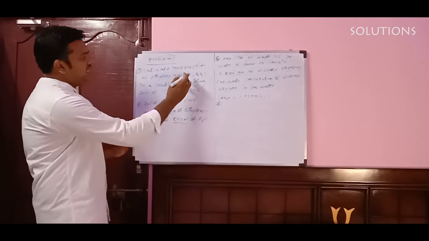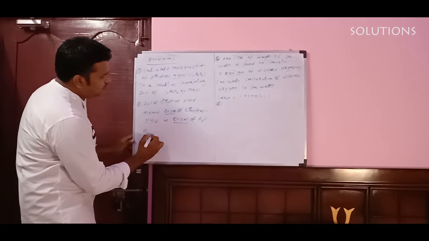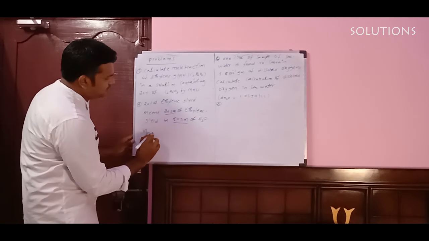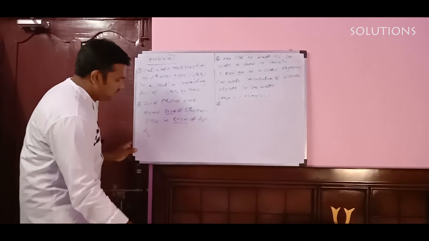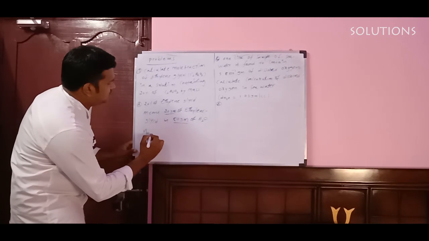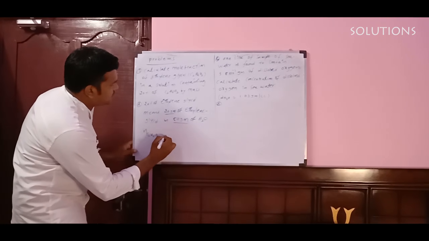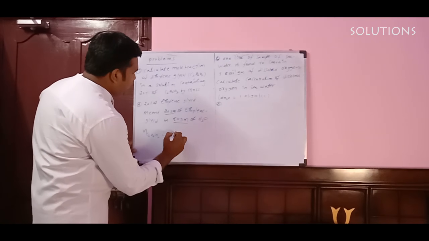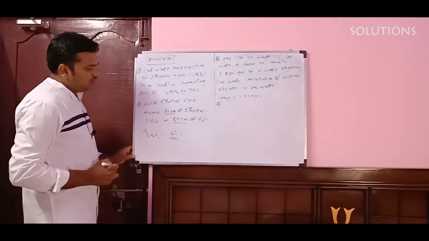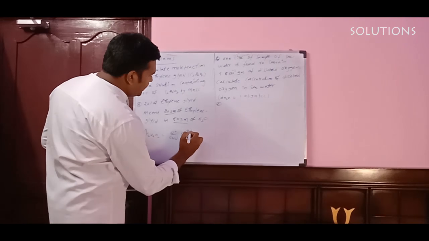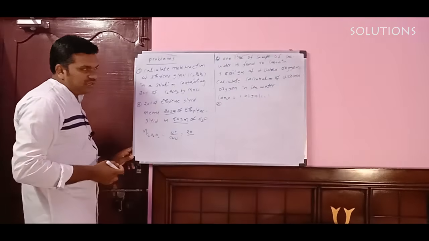The formula of ethylene glycol is given as C2H6O2. Number of moles of ethylene glycol C2H6O2 is equal to weight by gram molecular weight. The weight of ethylene glycol is 20. And what is the gram molecular weight of ethylene glycol?